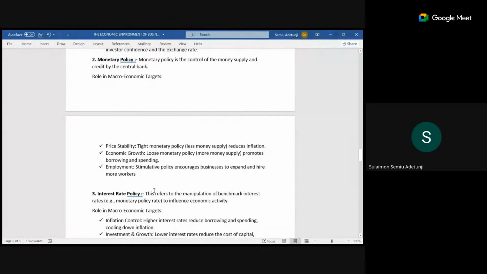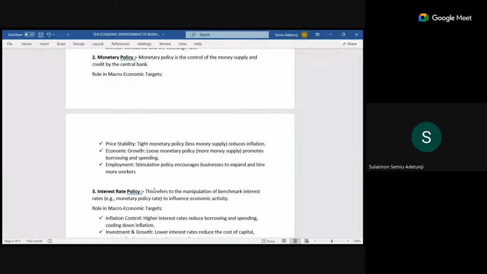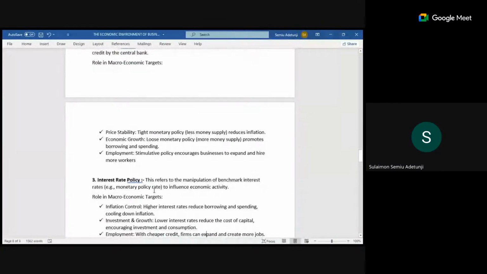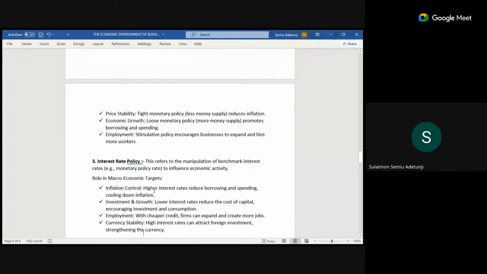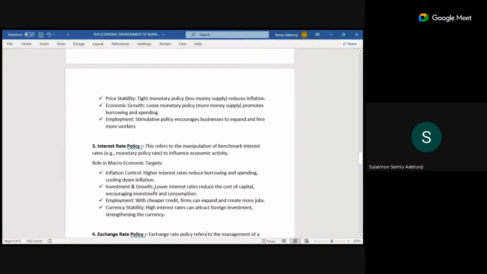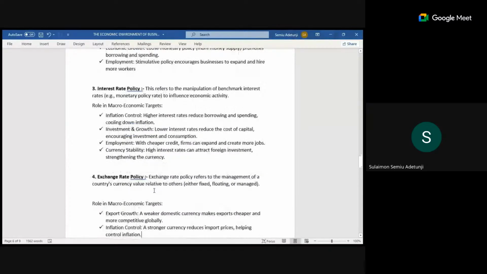Interest rate policy. This refers to the manipulation of benchmark interest rates, just like the way I told you. CBN makes a policy that, once I am giving you this rate, then you should not give out at more than this rate.